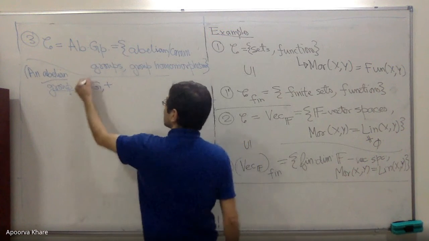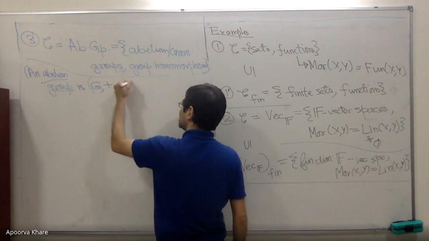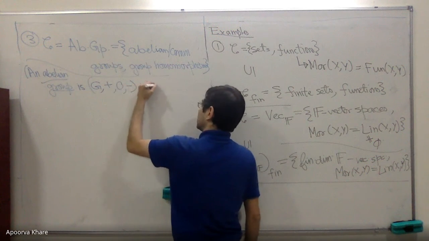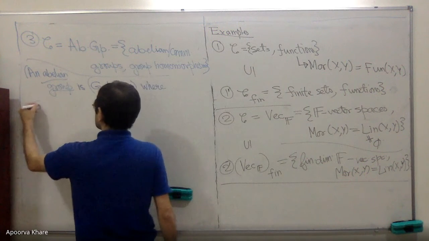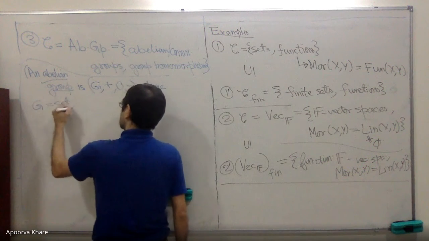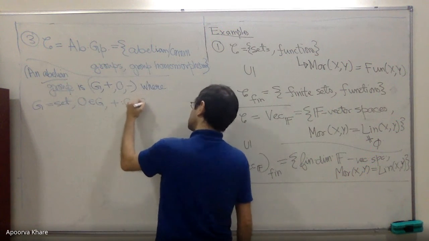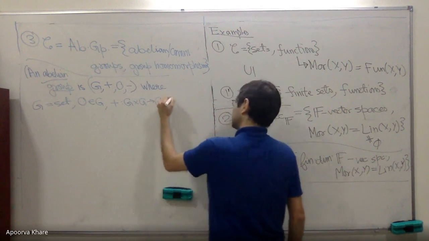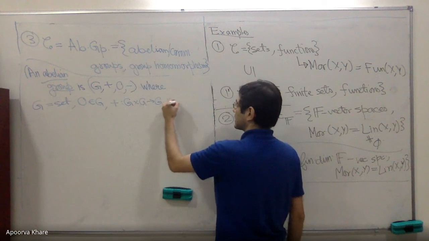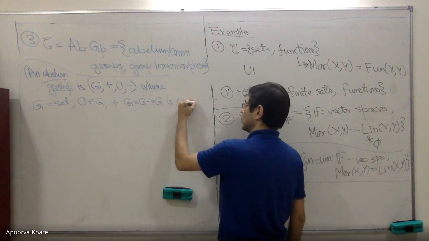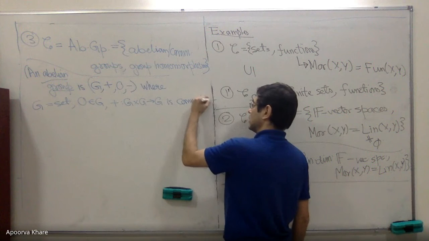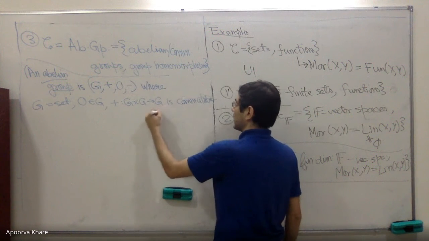Here G is a set, 0 belongs to G, plus goes from G cross G to G and is commutative and associative.